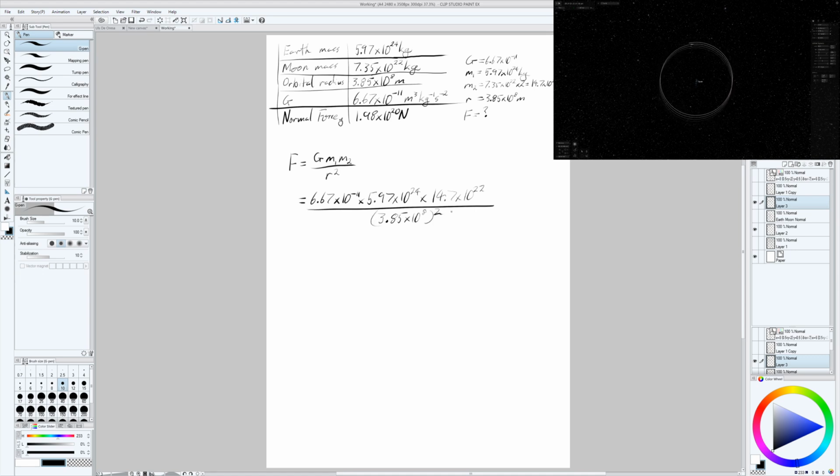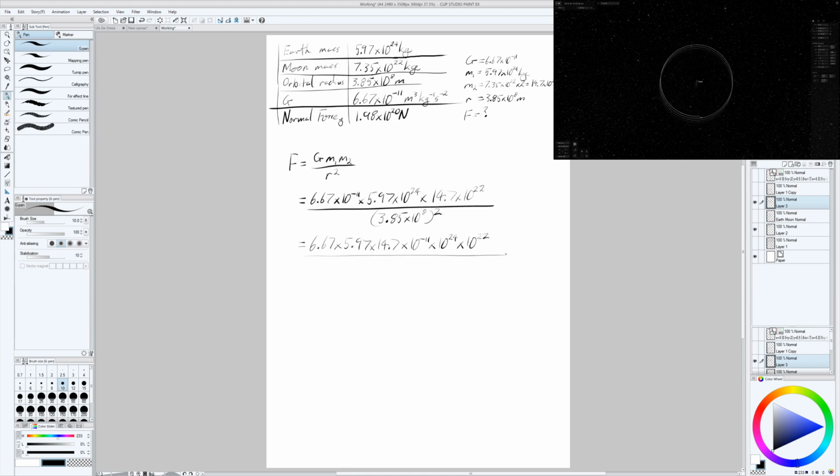There we are. Now this looks like a horrible, horrible mess, but it can be simplified reasonably easily. So the best idea is to get all of the times 10s by themselves. So we have 6.67 times 5.97 times 14.7 times 10 to the negative 11 times 10 to the 24 times 10 to the 22.